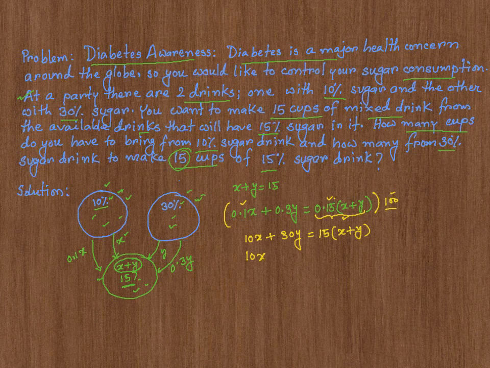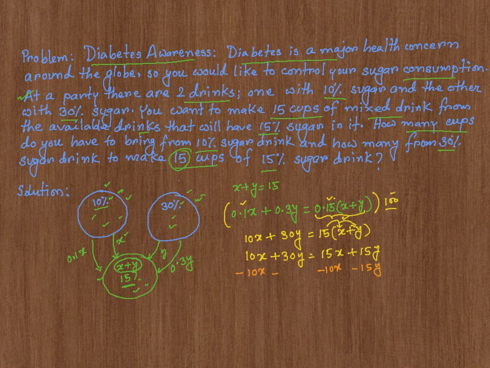So 10x plus 30y is equal to, using the distributive property, 15 times x is 15x, then 15 times y is 15y. Now I'm just going to subtract things. So let's subtract 10x from both sides and then subtract 15y from both sides.